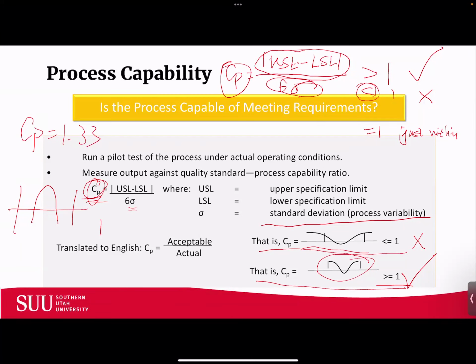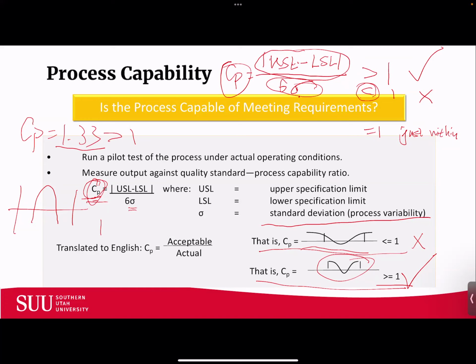Okay, so if it is capable or not, it only depends on whether it's less or larger than number 1. So 1.33 is larger than number 1, so it should be capable. Okay. So this is what we have for the process capability.